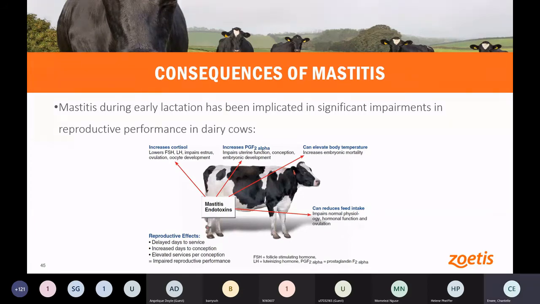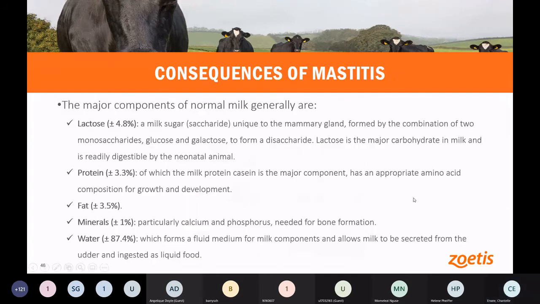Okay, so to take it all together, the reproductive effects are that it can delay the days to service, it can increase the days to conception. Okay, so increased days open, and then elevated services per conception. So overall, an impaired reproductive performance.